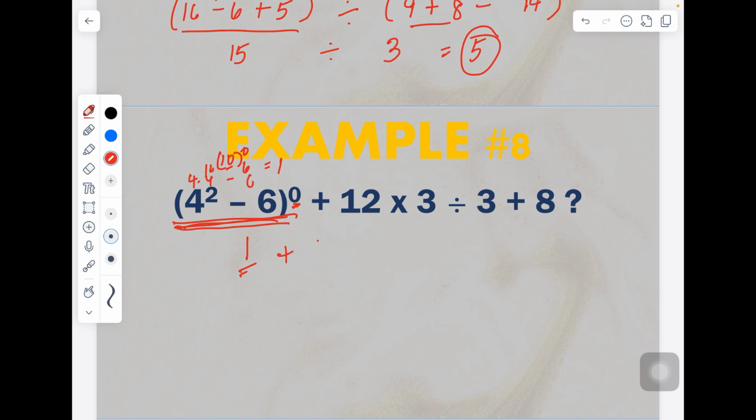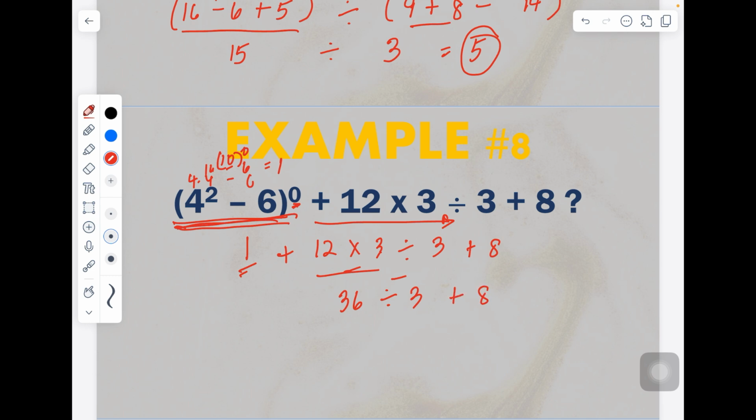Plus 12 times 3 divided by 3 plus 8. Now we have multiplication and division. Which one do we do first? We know there's PEMDAS, but what did we say? If you see them like this, you do it left to right. So let's do this one first. 12 times 3, 36. Divided by 3.